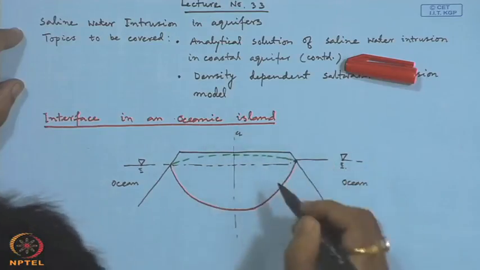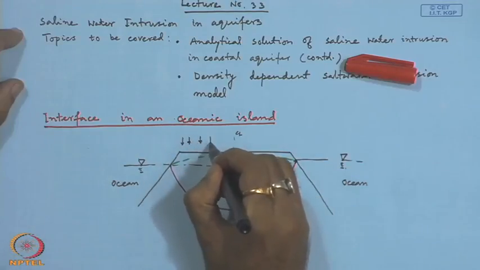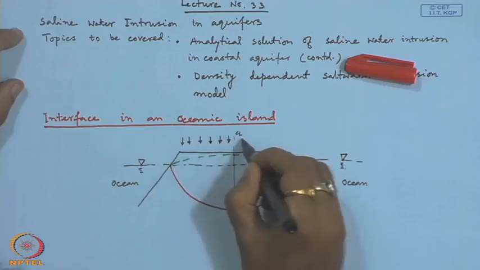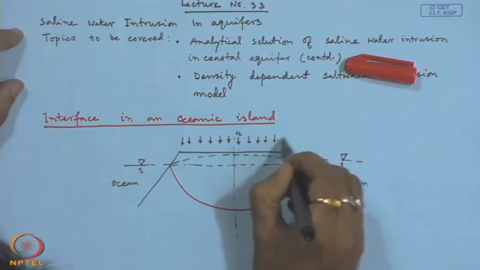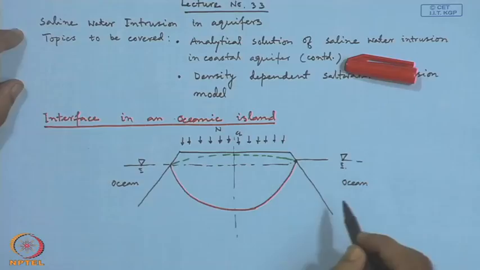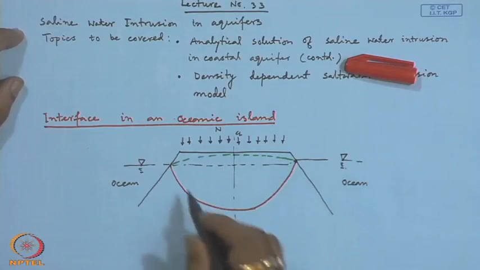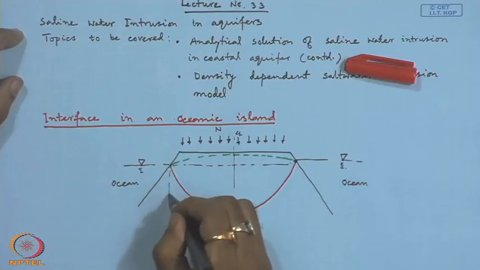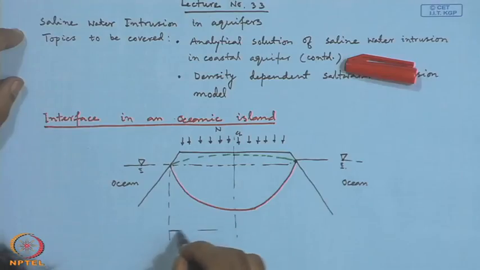This is central line, and we have infiltration or precipitation from the top of the oceanic island, and this rate is n, and let us consider this is having equal radius with r.